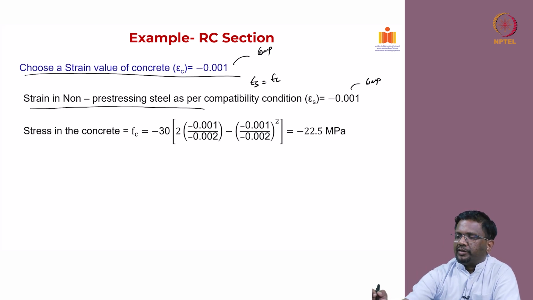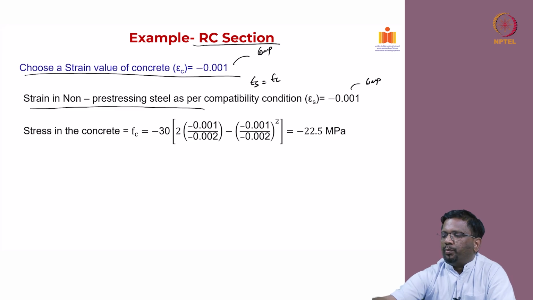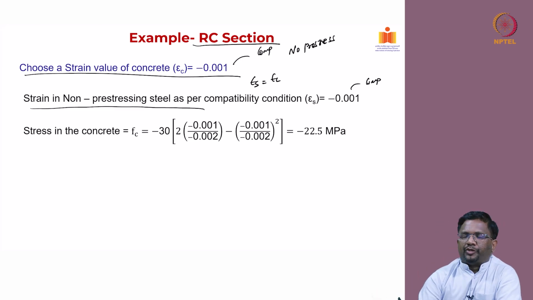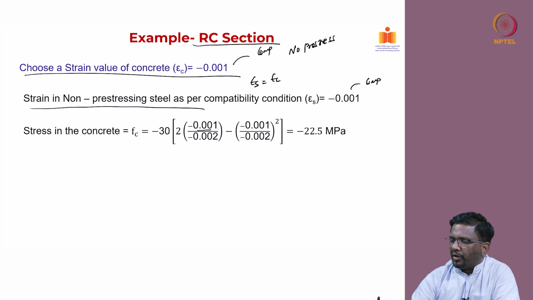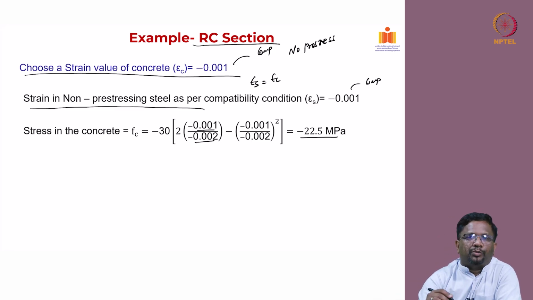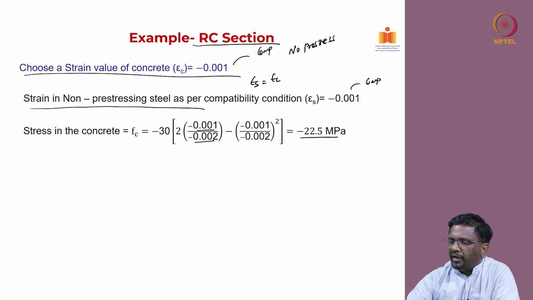The first case is an RC section, so there is no prestress here. I substitute my strain, which is 0.001, with epsilon prime C equal to 0.002. Using the constitutive equation, for the assumed strain of 0.001 in compression, I get a stress in concrete of 22.5 megapascal in compression.